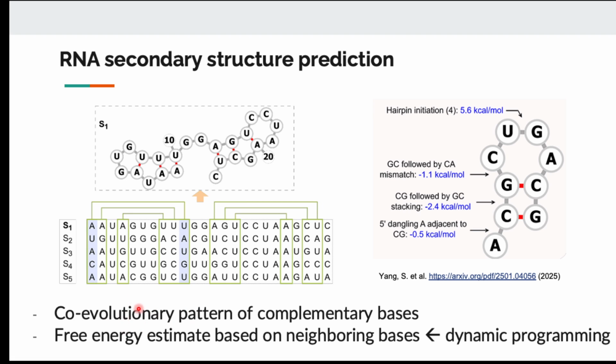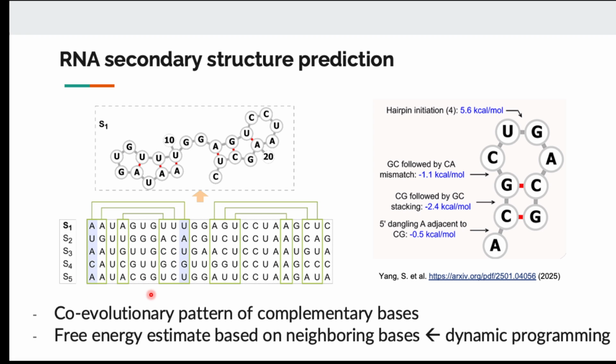The first one is also relying on coevolution. If you have an RNA that has to form a hairpin in this way in order to have some regulatory function, and you look across organisms at the same RNA, maybe coding for the same gene, if these organisms still rely on the same regulatory mechanisms, these RNA positions have to be complementary to each other.